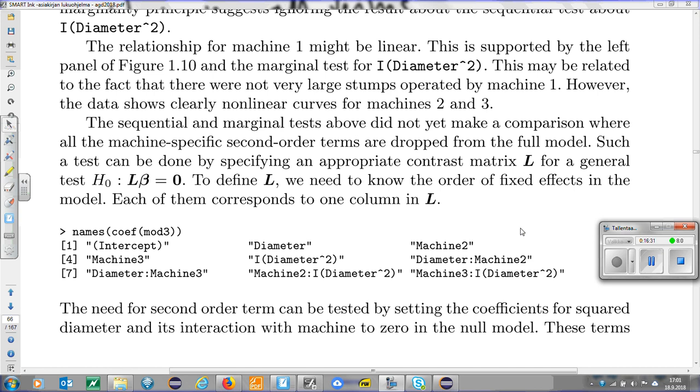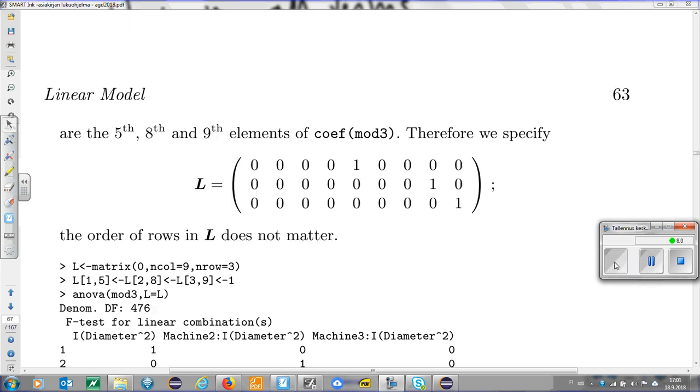So that means that we need to restrict this term to 0, and then this term and this term to 0.